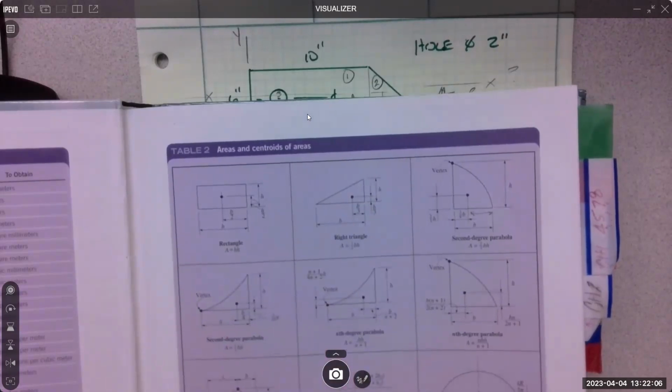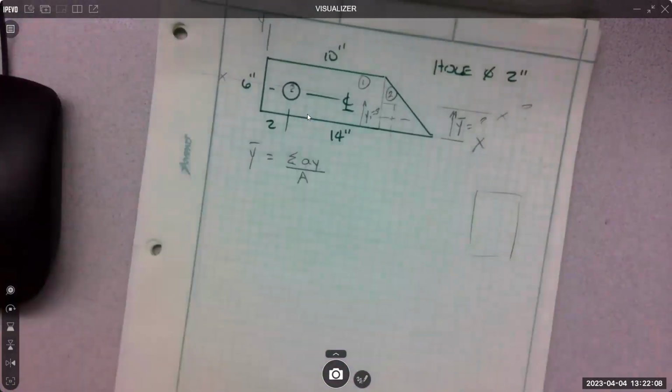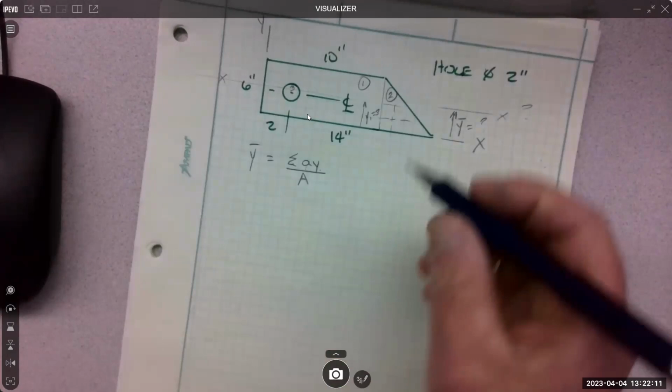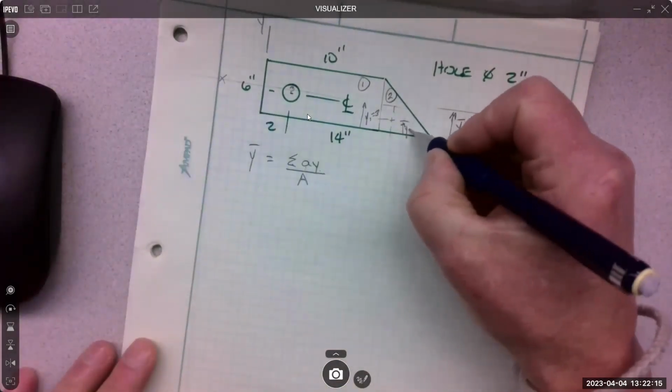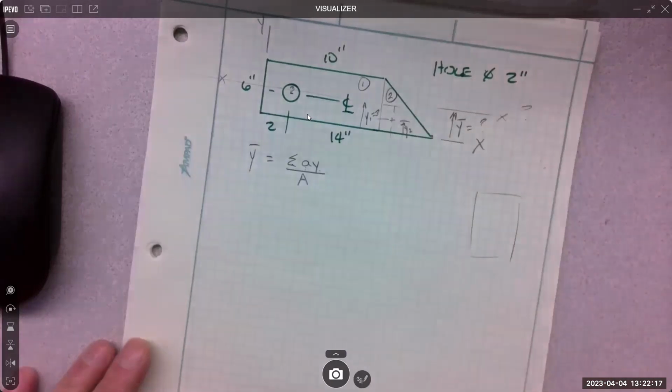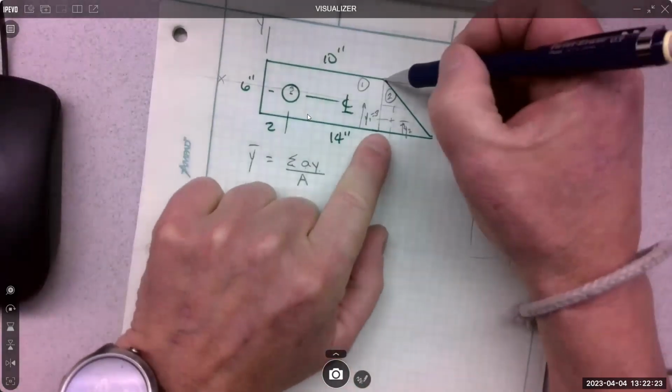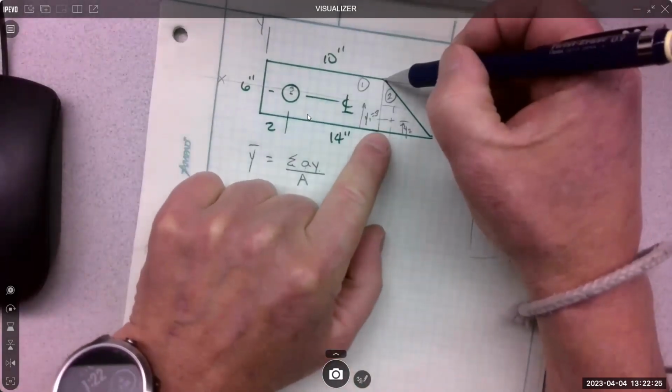So it's a third of something, right? So in our case, this distance is what we want, y2, and it's going to be what? A third of 6. Yep.